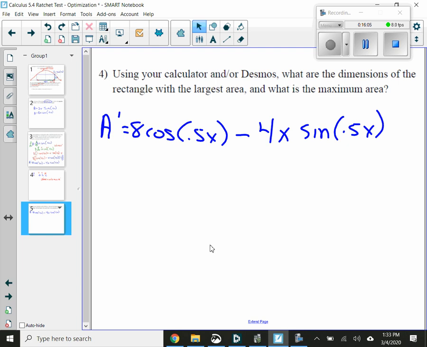Honestly, I don't know what value of x is gonna make that equal to 0, right? Because it's not. I mean, maybe I could figure it out, but I didn't really think it was necessary to do that. I wanted you to get this far, right? Yes.